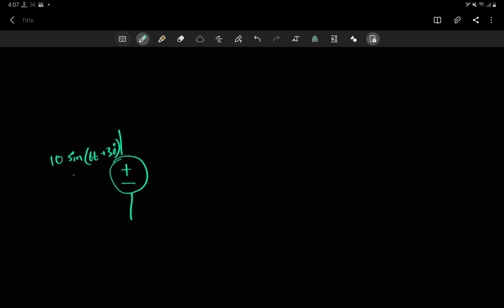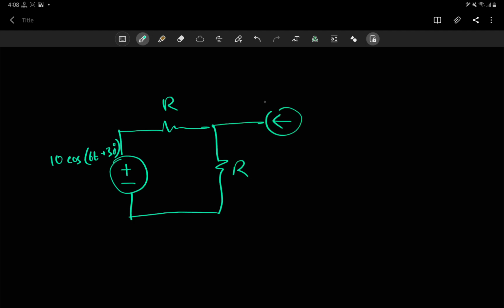But I just wanted to mention that since the voltages were oscillating, you need a sine or cosine function for these types of things, right? So this is a cosine function we are going to use here, and you can have resistances. You can have other stuff we have already seen. So you can also have current sources that also have the same type of frequency.